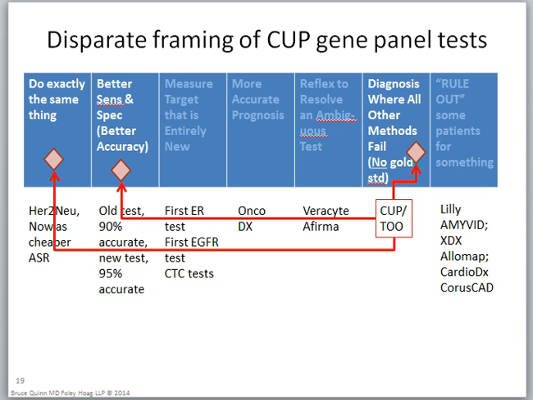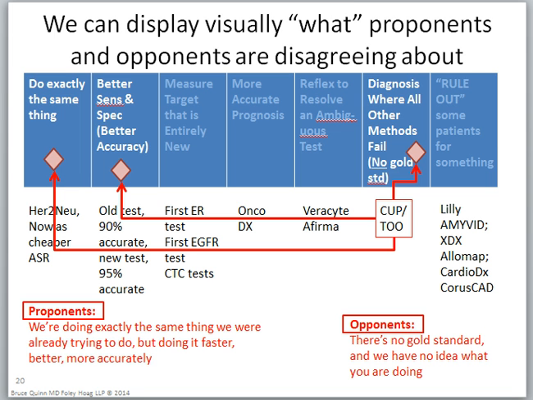Let's look at the cancer of unknown primary tests. Now we said these will take a cancer of unknown primary and provide a diagnosis 80 or 90% of the time when all other methods have failed, like flow cytometry, imaging, and immunohistochemistry. But the reasons these seem to be very controversial, at least based on a Medicare public meeting in May of 2013: the opponents said, there is no gold standard, so we have no idea what you're doing.